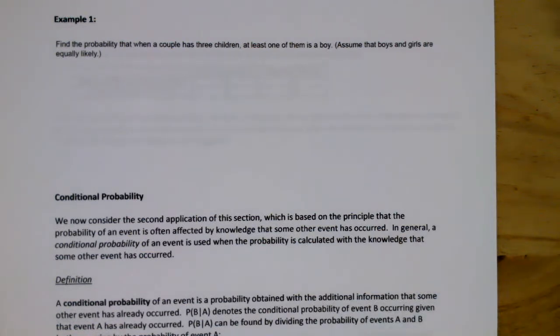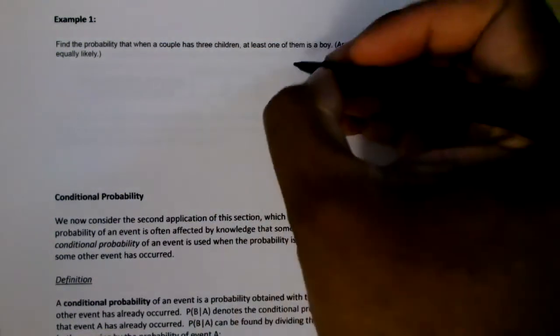Here I want to find the probability that when a couple has 3 children, at least one of them is a boy. And let's assume that boys and girls are equally likely. Now let's think about this. The probability of getting a boy is 1/2.